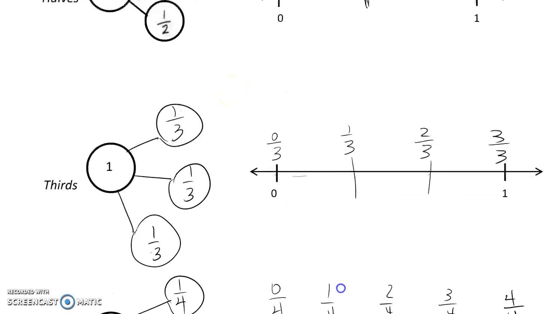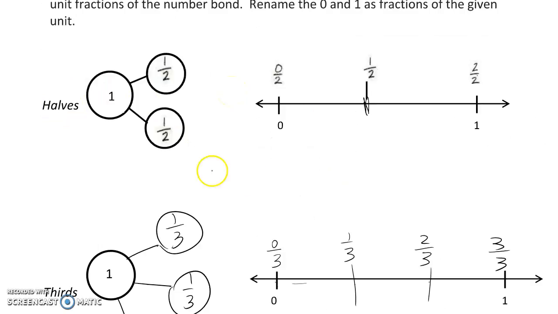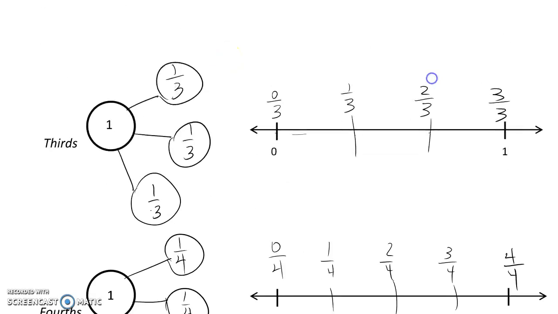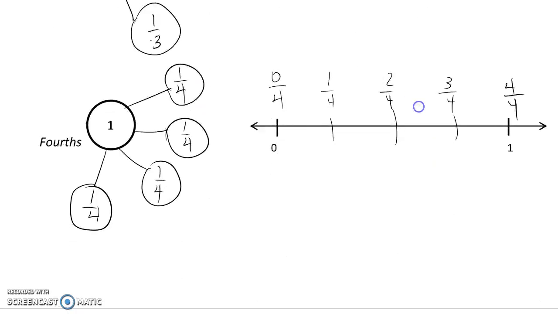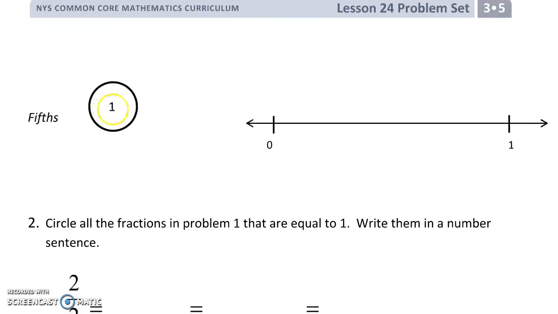Okay, so hopefully you're seeing the pattern. Halves mean 2 sections, so there's 2 sections on my number bond. Thirds means 3 sections, 3 sections on my number bond. Fourths, 4 sections on my number bond. Fifths, 5 sections on my number bond. You got it. So that means I'm going to try to break this into fifths too.